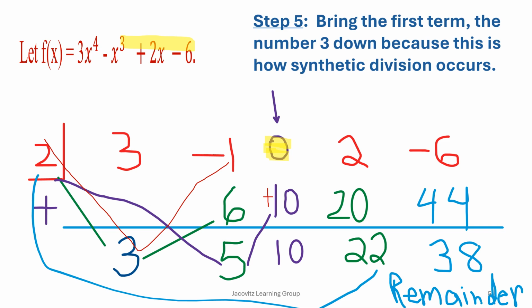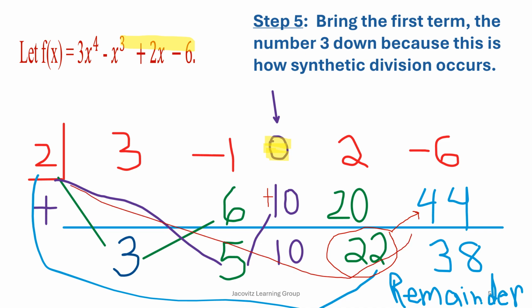That's why you see all these different colored lines here. So anyway, back to this: 2 times this 5 is a positive 10. 0 plus positive 10 is 10. Now, 2 times 10 is 20. So 2 plus 20 is 22. Now over here, you have 2 times this 22, which is 44. But then don't forget that you were adding here.